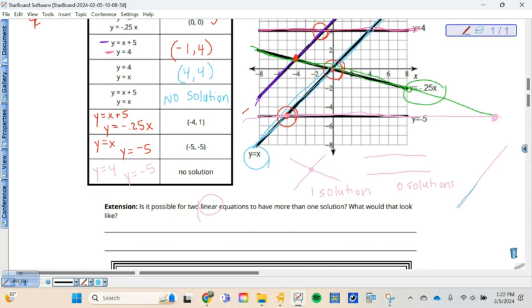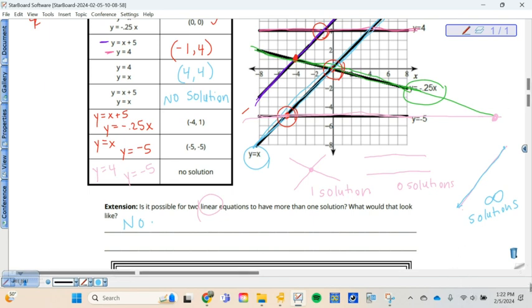And how many solutions do you think that would have? Infinite. Infinitely many solutions. It's like the most you can have. So no, it's not possible to have more than one solution. I guess it is possible, but the only way is if you have infinitely many solutions, if you have the same exact line.